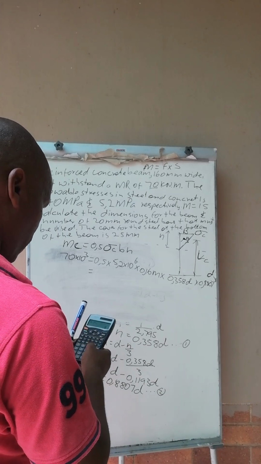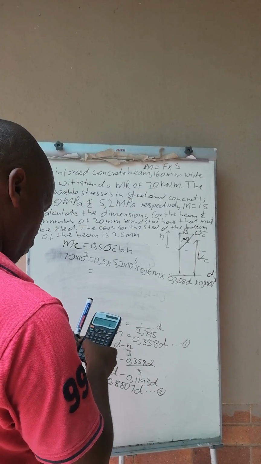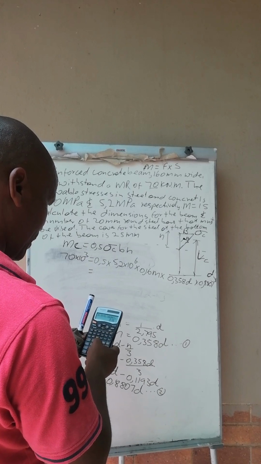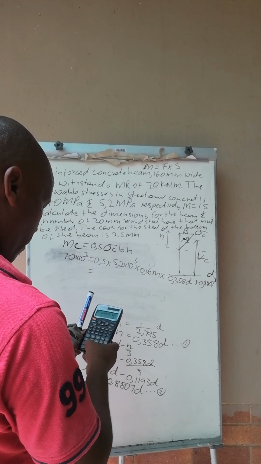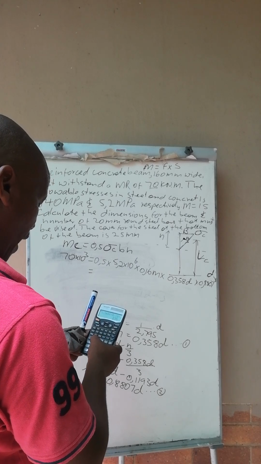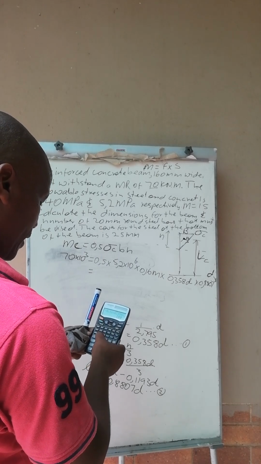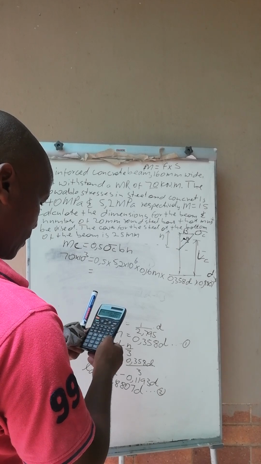It is 0.5 multiplied by 5.2 exponent 6, multiplied by 0.16, multiplied by 0.358, multiplied by 0.8807.